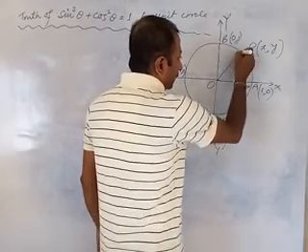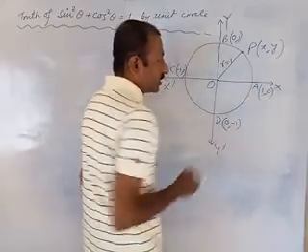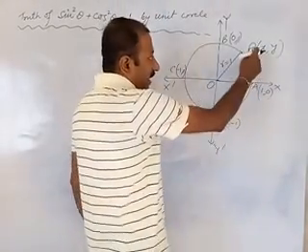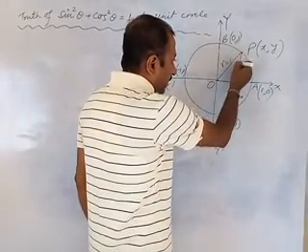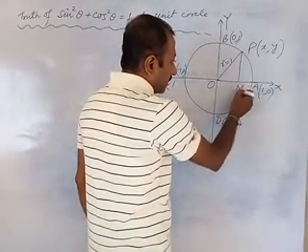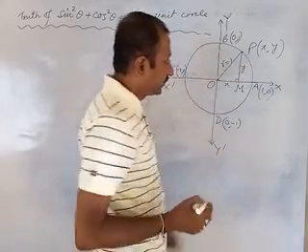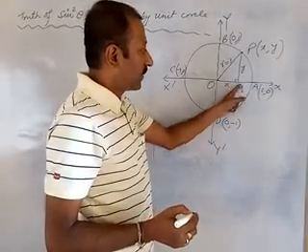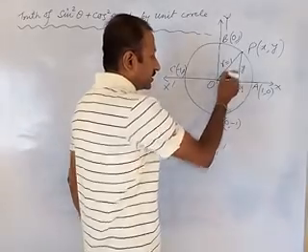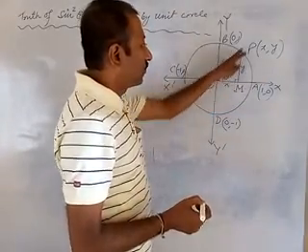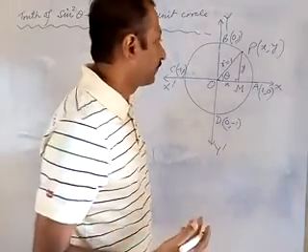Let us join OP. If we join OP, what will be the radius? Radius equal to 1. Clear? Now as P is x, y, if we draw a perpendicular line, suppose PM is the perpendicular, then obviously this is x and this is y. X is OM, Y is PM. Let us consider angle AOP is theta radian, or you may say degree.